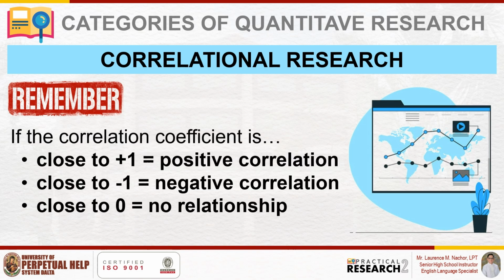And also remember, a value near +1 means there is a strong positive correlation. Near -1, there is a strong negative correlation. And near 0 indicates no relationship.